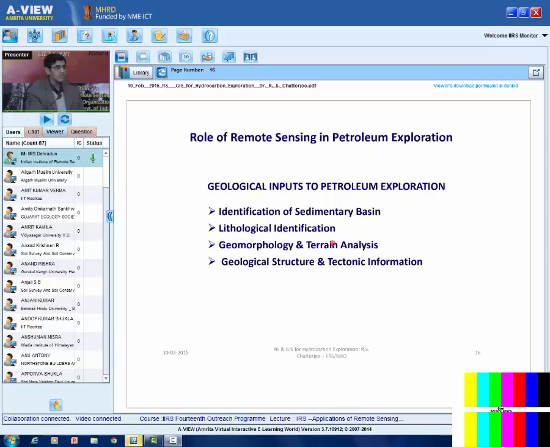This geological structure supports the accumulation of oil and gas. So for that purpose, geomorphology is very, very important. And geological structure and tectonic information is important because these petroleum traps are mostly structural traps. So understanding the geological structure or tectonic information is very, very important.